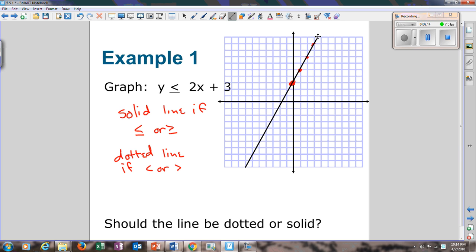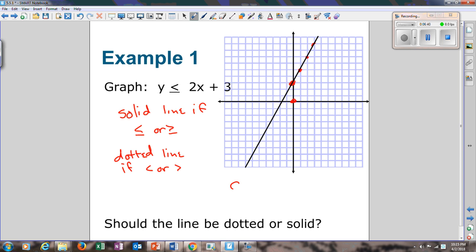Now we pick a test point. I always pick the easiest point, which is 0, 0. When we plug 0, 0 in for x and y, if it creates a true statement, then you shade on the same side of the line that 0, 0 is on. If it's a false statement, then you shade on the other side.